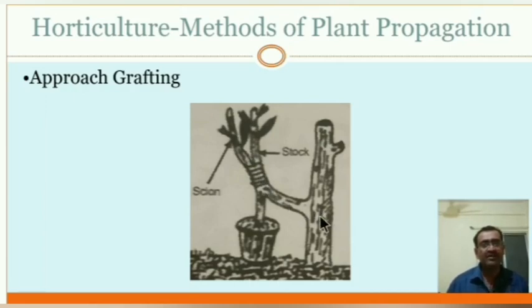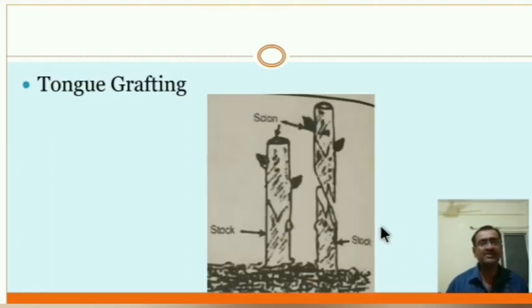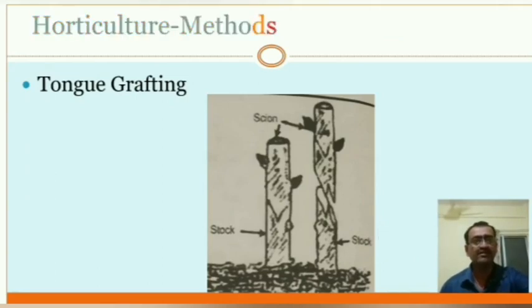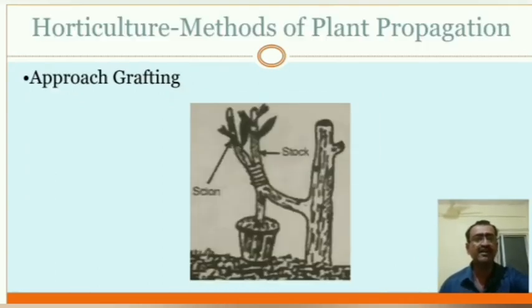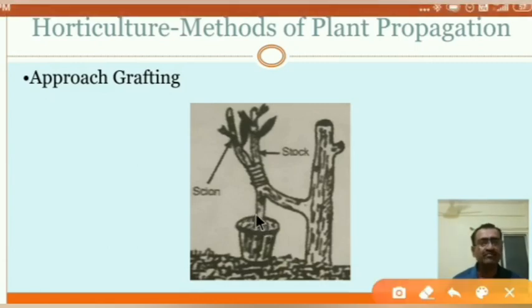When they grow, when that scion produces leaves and different branches, at that time a cut can be taken here. The first cut is taken from here, and another cut from this part.